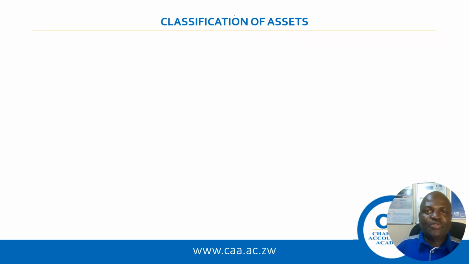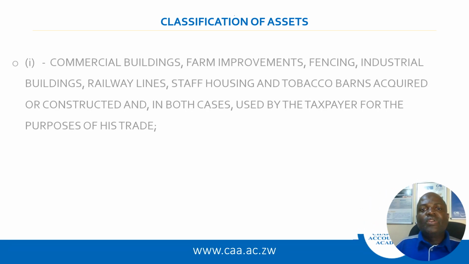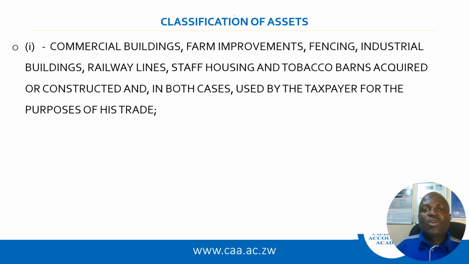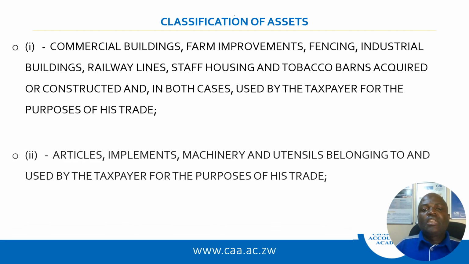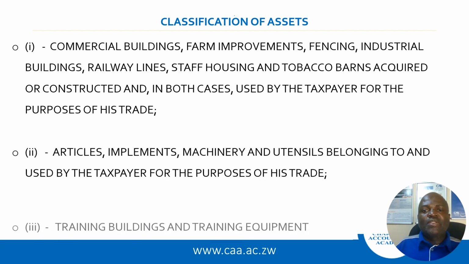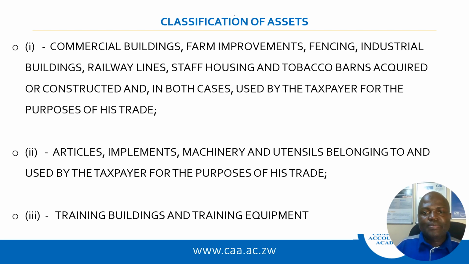So let's look at classification of assets as the first one. They've been mentioned in Section 15.2c, but they are defined in the 4th schedule. So it's an elaboration in the 4th schedule. Here you have different types of assets: commercial buildings, farm improvements, fencing, industrial, and so on. And that is a Section 15.2c list.